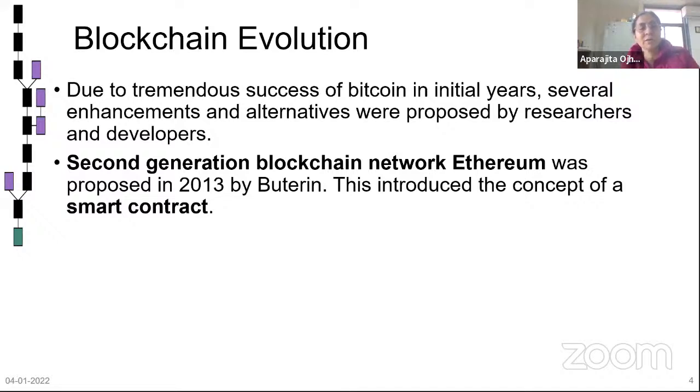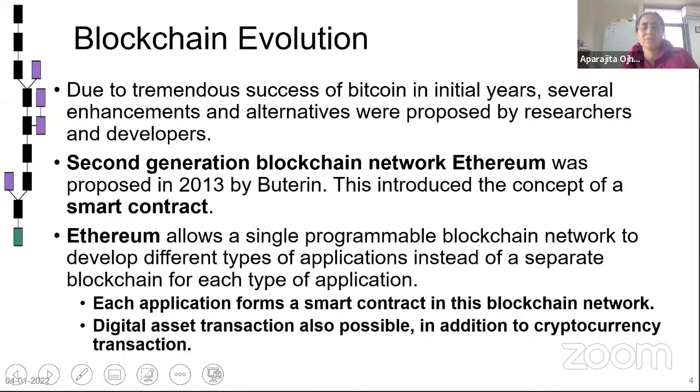He came out with a second generation blockchain network, that is Ethereum. Ethereum has a unique functionality of smart contracts. In the Bitcoin blockchain, you can only do cryptocurrency transactions of Bitcoin, nothing else. But think of an Ethereum network.